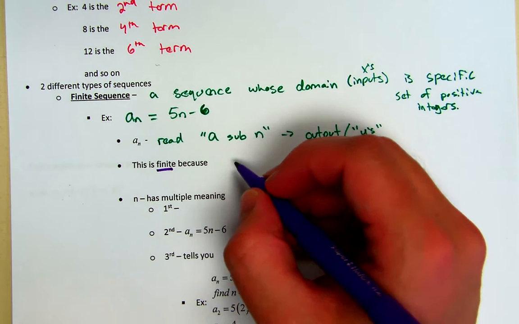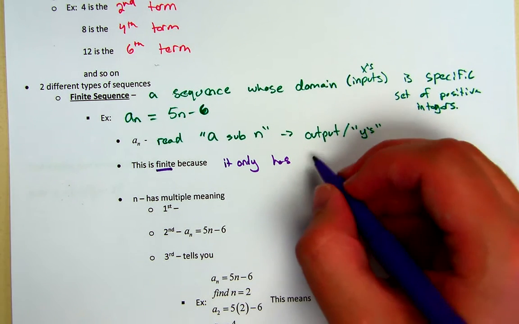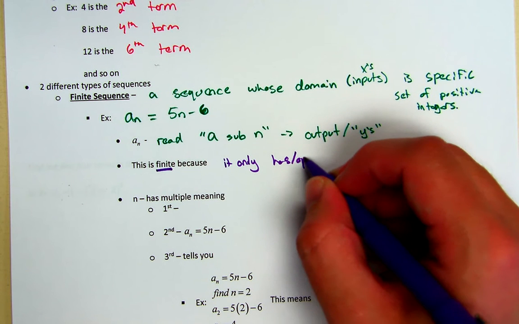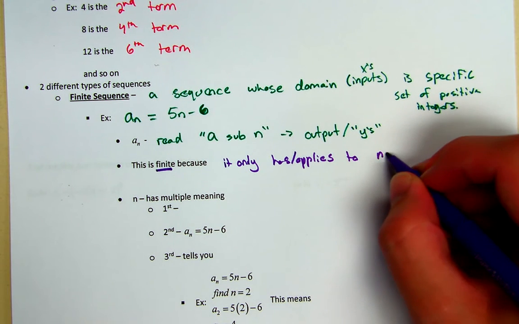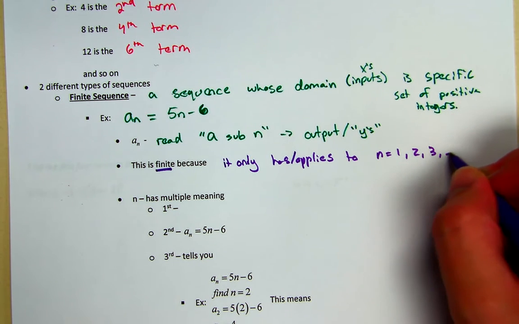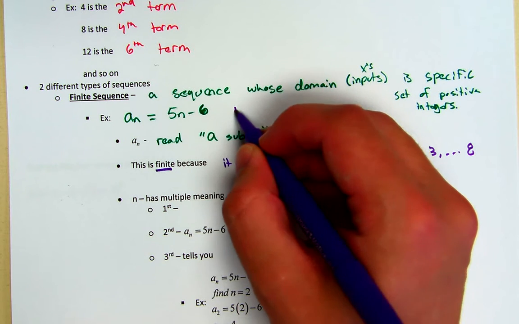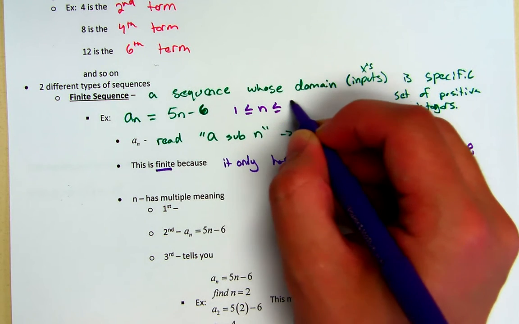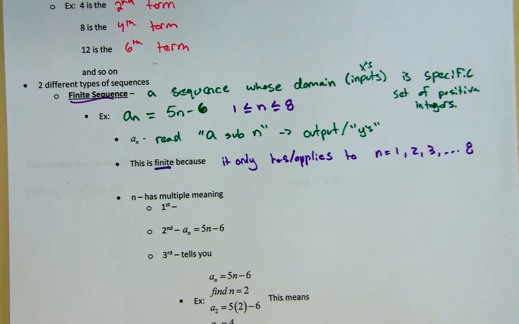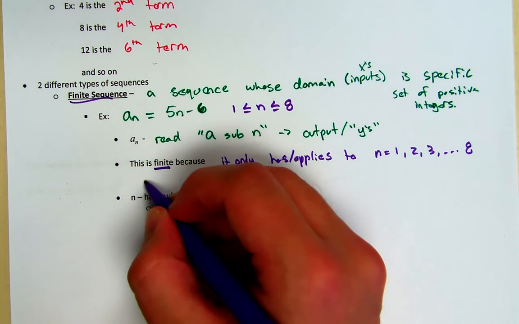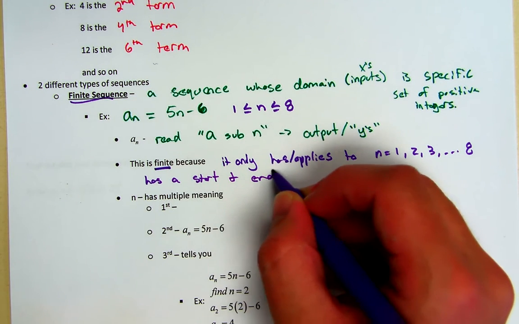It's finite because it only applies to n equals 1, 2, 3, all the way to 8. Now, I forgot to give you some restrictions here. 1 less than or equal to n less than or equal to 8. So a finite sequence always has restrictions. Or basically has a start and an end point.